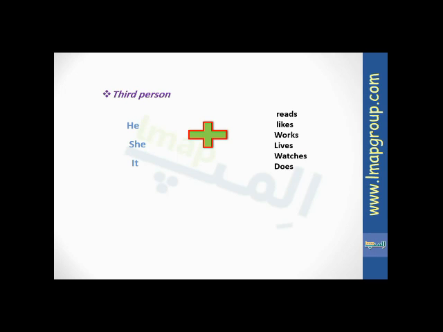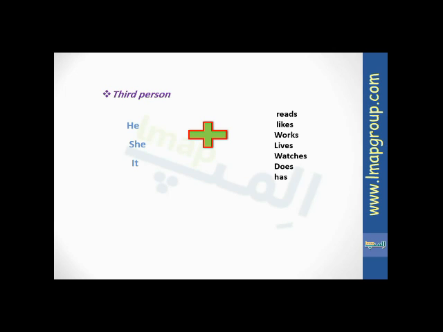For example, he reads. او میخواند. She works. او کار میکند. It watches. For example, that animal. مثلا اون حیوان تماشا میکند. Okay? Or she has. او دارد. Don't forget that for I, you, we, and they, we say have. برای داشتن میگیم من دارم، ما داریم، شما دارید، آنها دارند.